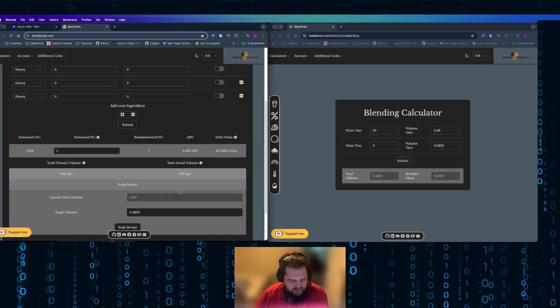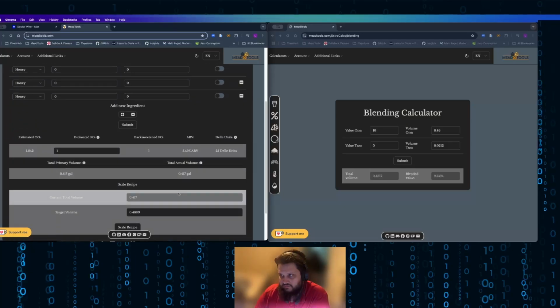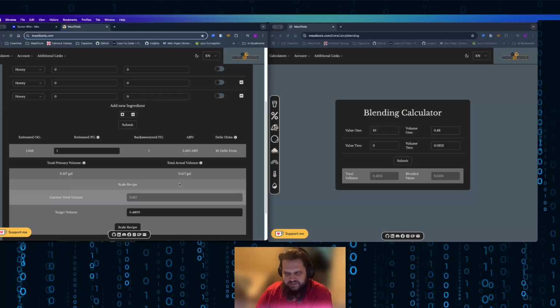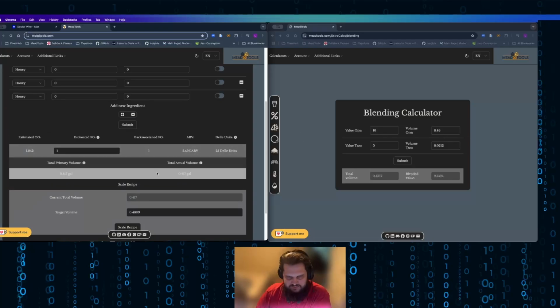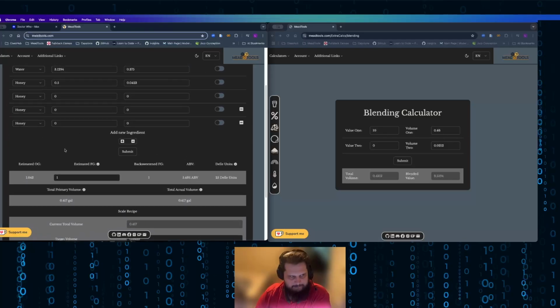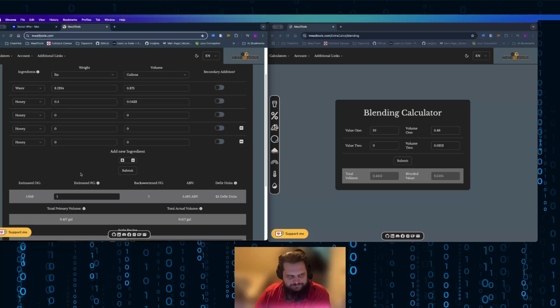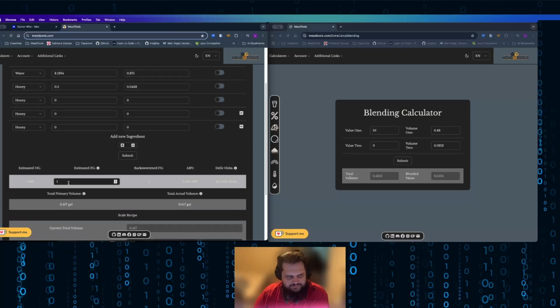So now I have the total volume with the honey and the water is 0.417 gallons. Okay, and now that fermented out to 1.004.